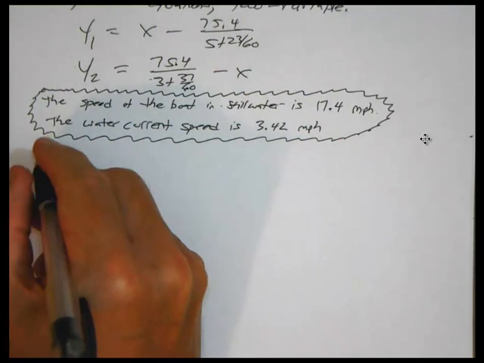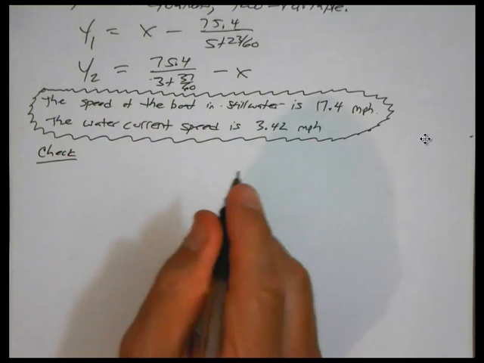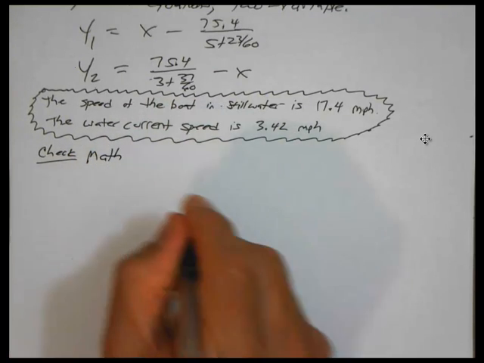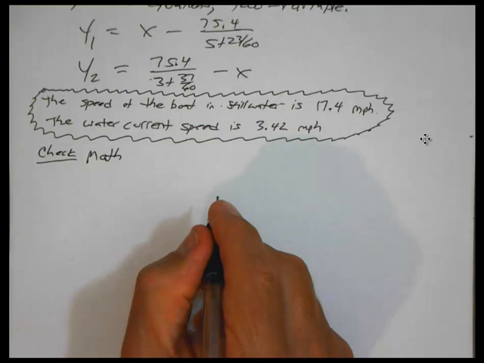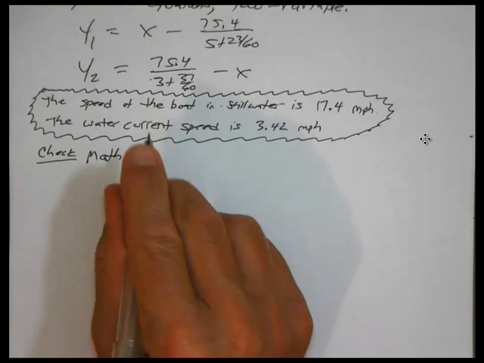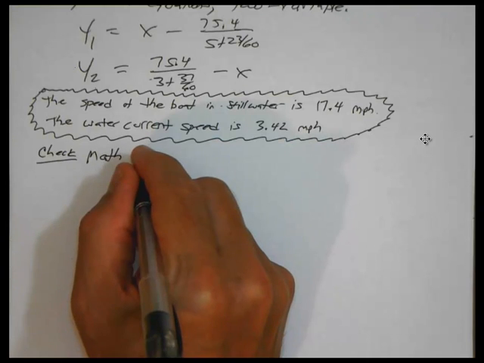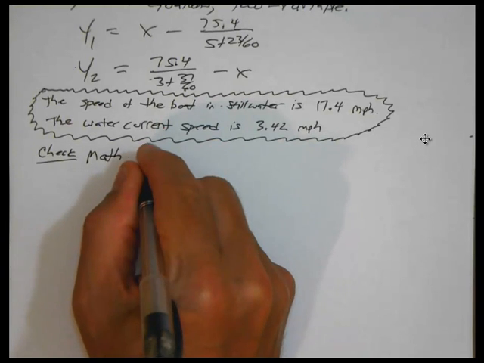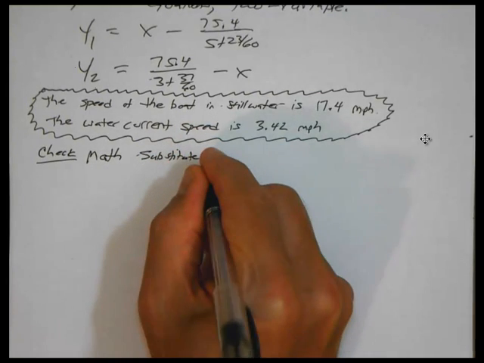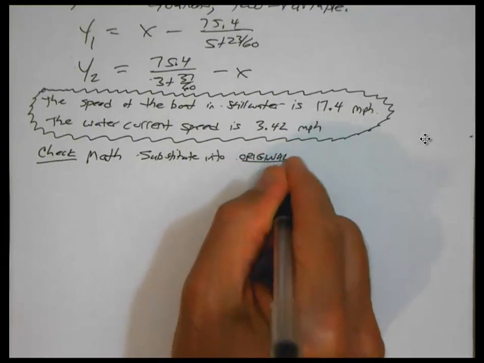Now, let's go ahead and check this over. Okay, first, just the math problem check. Well, let's see. What could have gone wrong? Maybe there was a mistake in the solve for y's before we went to the calculator. Or maybe we did some keystroke errors. Okay, so let's review the original equations. Substitute into original equations.